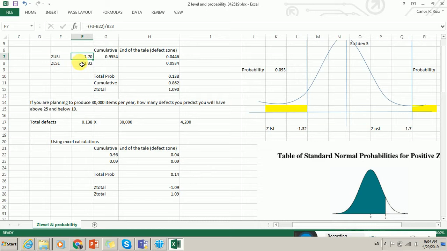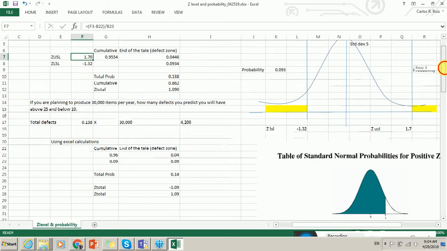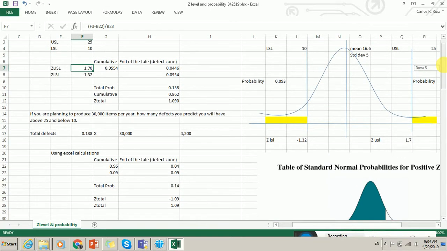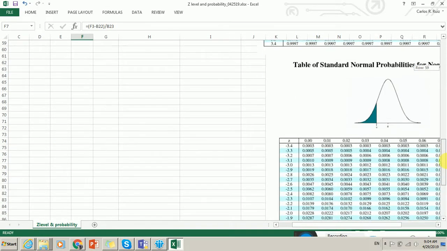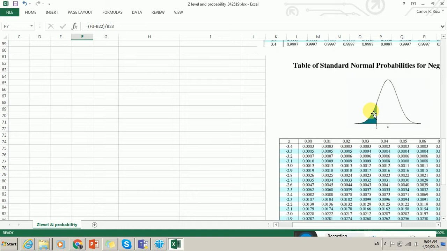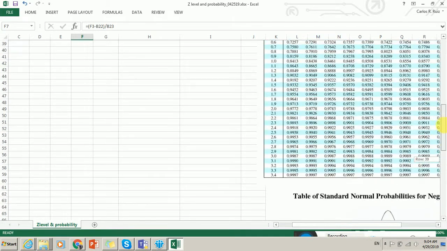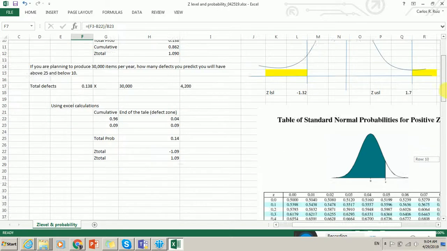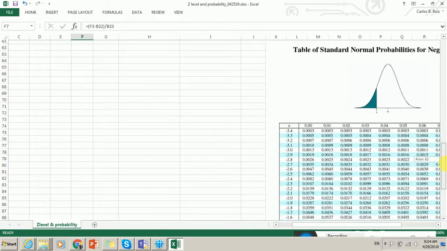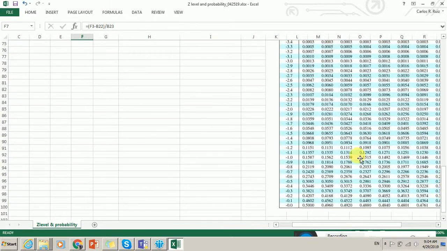In this case, I have minus 1.32. To make it easier for you, I found a table that estimates this area right here. This is exactly the area that we want, correct? In this case, we have a Z level of minus 1.32. So let's look at this. Minus 1.32.